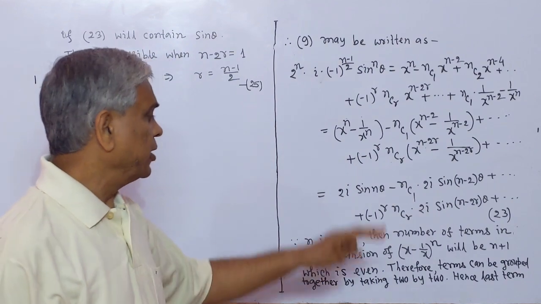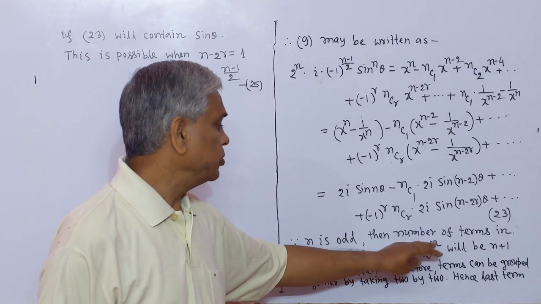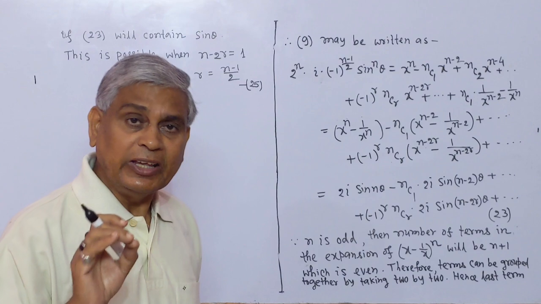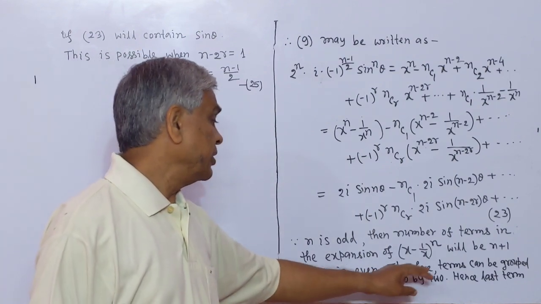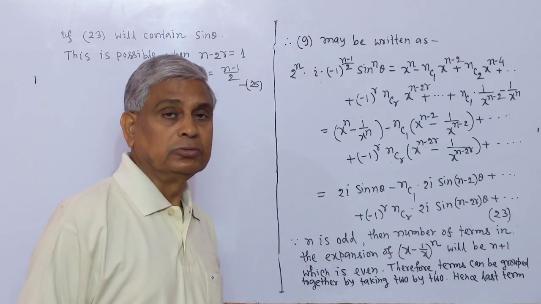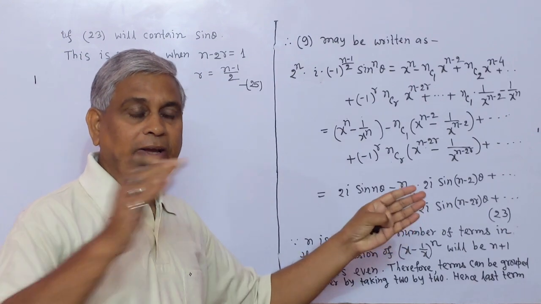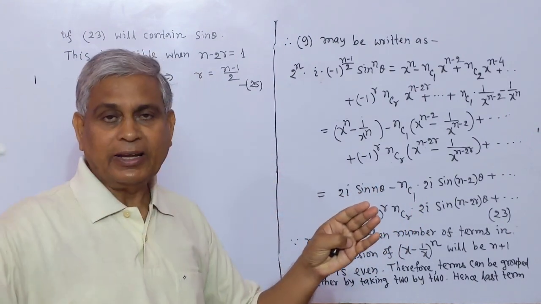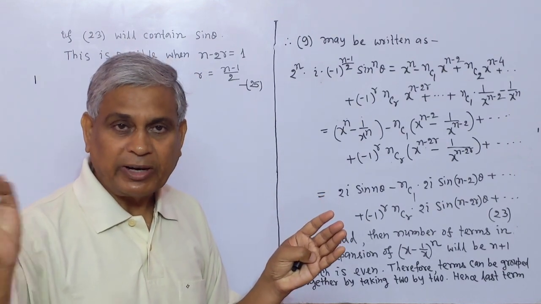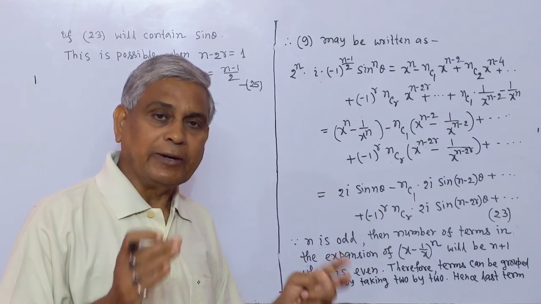Since n is odd, the number of terms in the expansion of x minus 1 by x whole to the power n will be n plus 1, which is even. Therefore, the terms can be grouped together by taking 2 by 2. Here the number of terms is even, so we may take first term and last term together, second term and the last but first term. In this way, we may group all the terms 2 by 2.